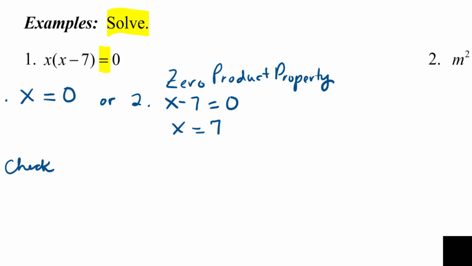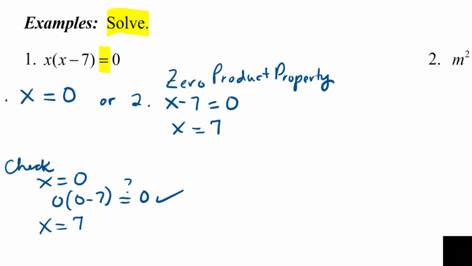Let's check them. So solution number 1 is x equals 0. 0 times 0 minus 7, does that equal 0? Notice how I'm substituting my solution into the original problem. And of course, 0 times negative 7 is 0, so that checks. And then we have solution number 2, which is our 7. And now when we check that, we get 7 times 7 minus 7. Does that equal 0?